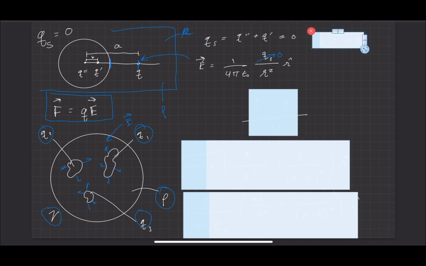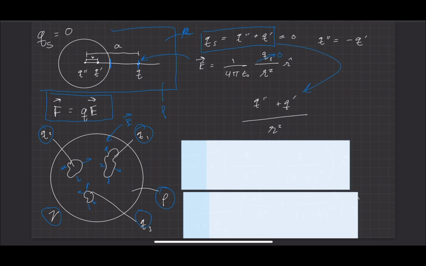So essentially Q double prime is equal to negative Q prime. Now we can solve the electric field since we know the charge on the sphere as the sum of other charges, which are not 0. So we can substitute that into this equation here, and now we're left with this.